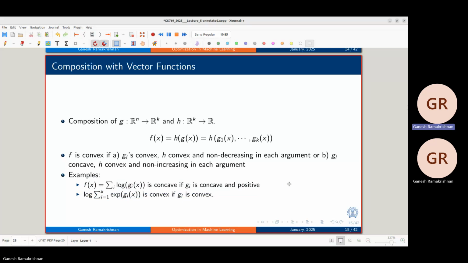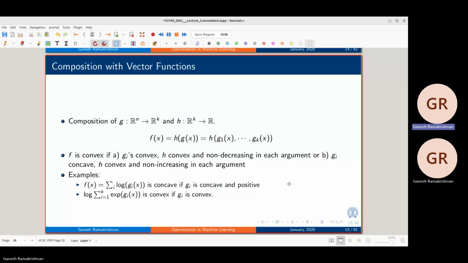Why will this be? Minus of this. Why will minus of this be convex? That's because minus of log is convex. If G_i's are concave and positive, then minus of log is convex and non-increasing, right?